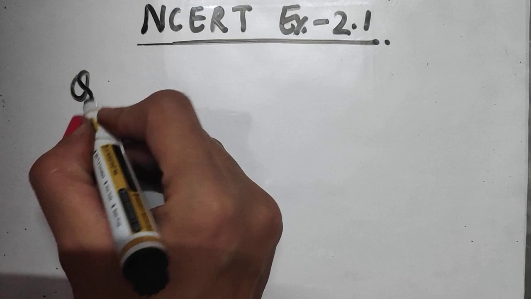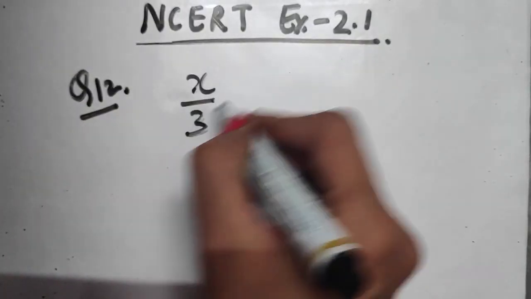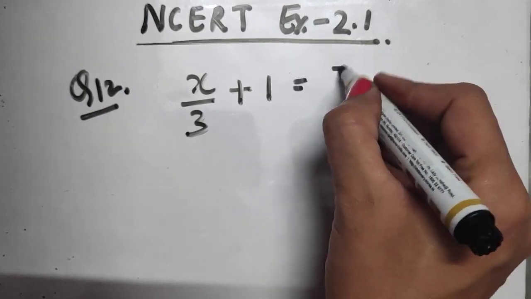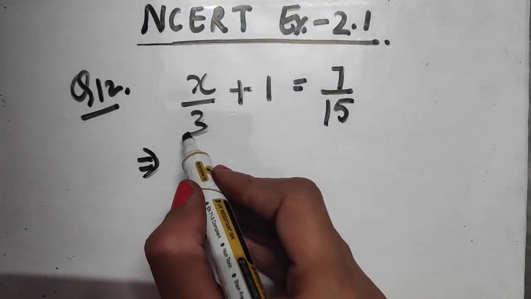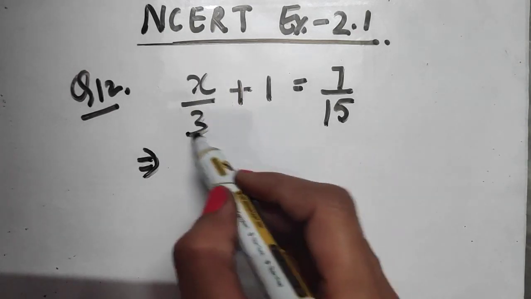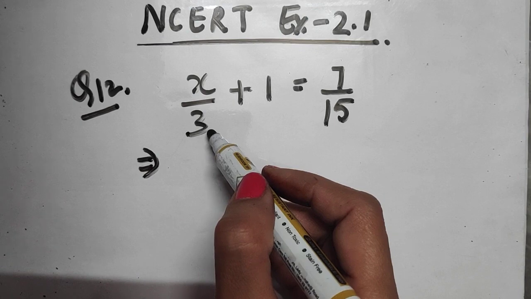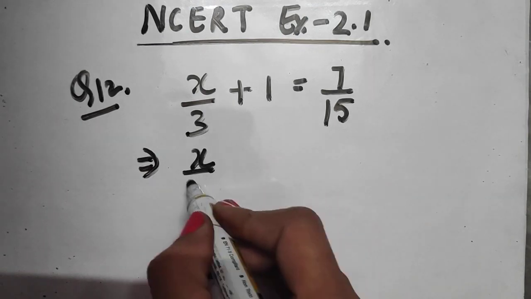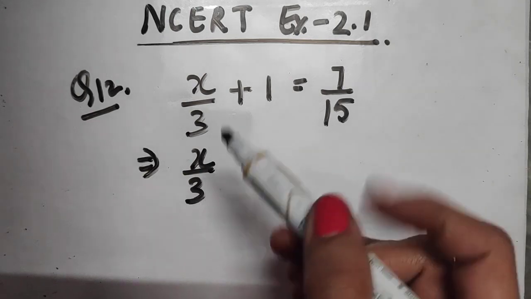Now I am solving question number 12. Question number 12 is x over 3 plus 1 is equal to 7 over 15. Now, as I told you, keep the term which is having the variable on one side, rest shift everything on the other side. So I am keeping x by 3 on the left hand side.